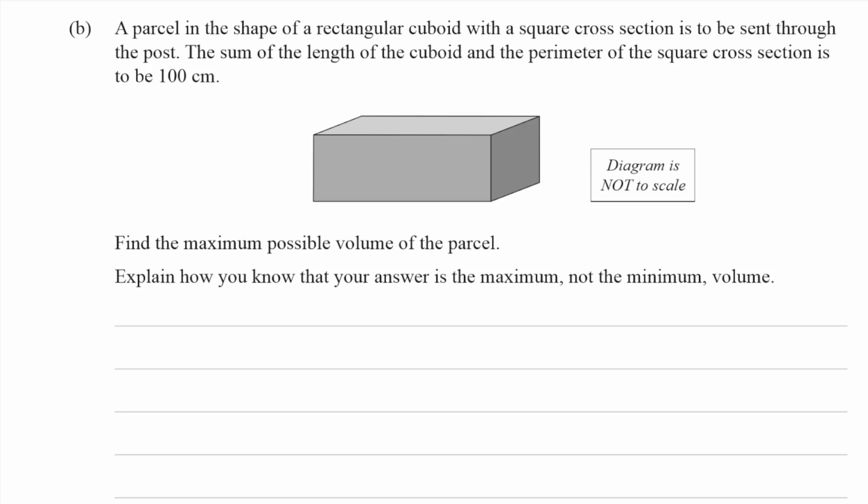Alright, so this is a classic optimization problem in that we are trying to maximize volume, so optimize volume, and we are given a constraint to use as part of that problem.